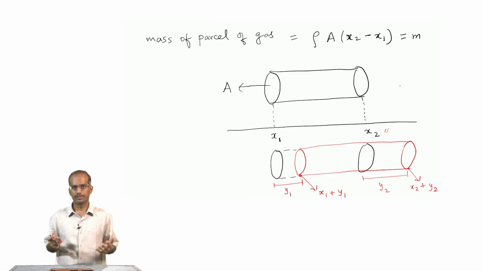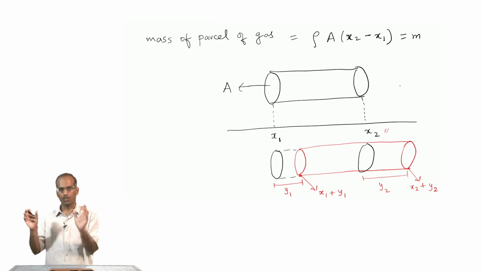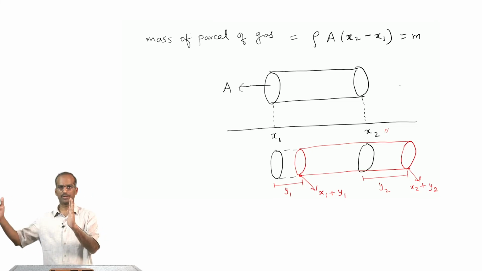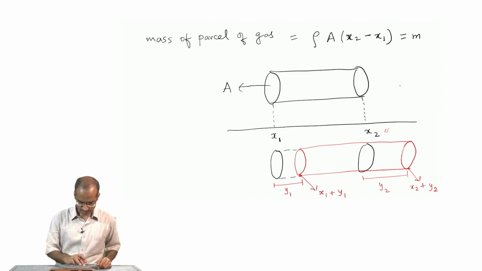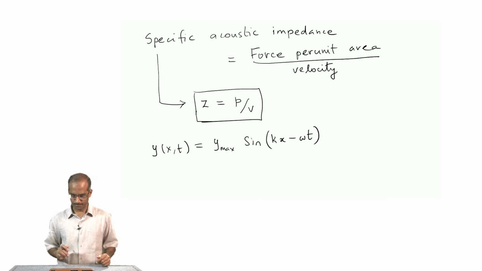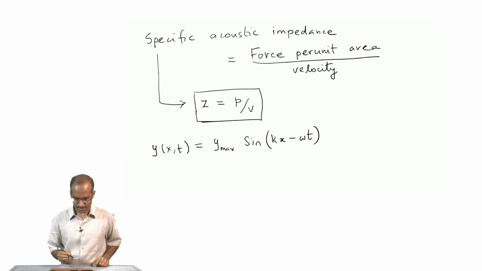So, y is in some sense the average displacement of y 1, which is the displacement of the one phase, and y 2, the displacement of the second phase. So, what I have as solution is simply the average displacement of the parcel as a function of position and time.